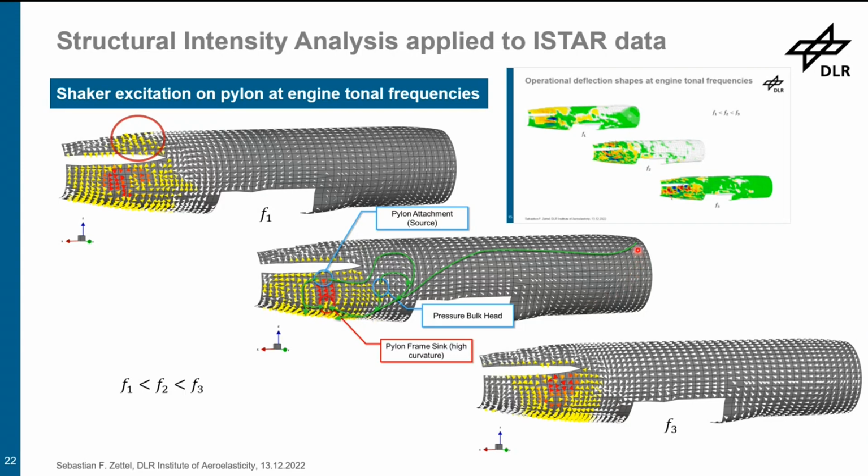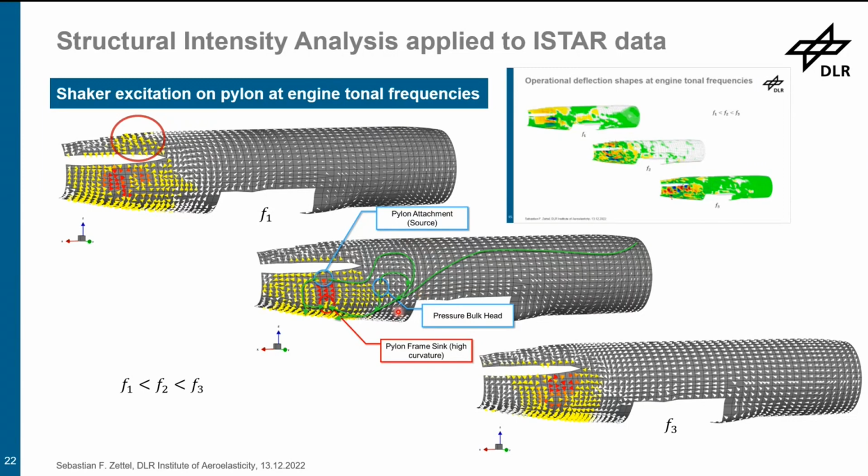But when you look at the rest of the vector field, it is also apparent that a lot of vibrations travel from the front to the back. It seems like it flows in this frame of the aircraft.